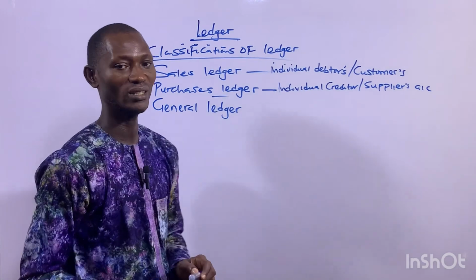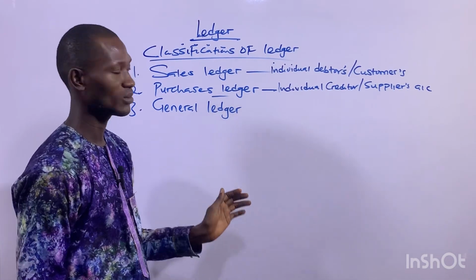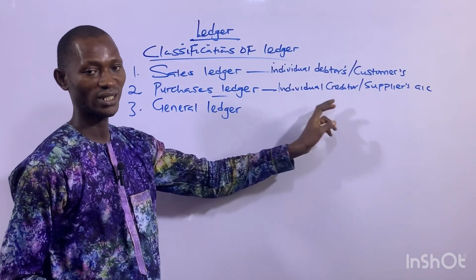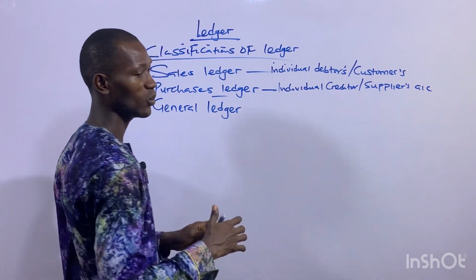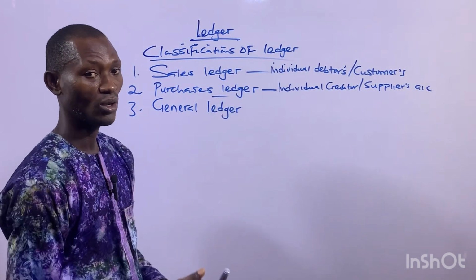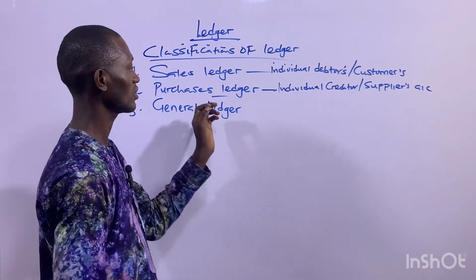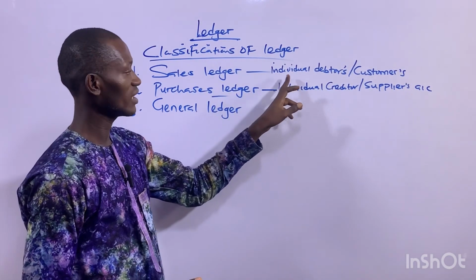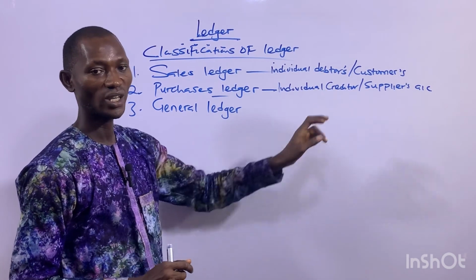General ledger contains all other accounts, all other details, apart from individual debtors or individual creditors accounts. So in this general ledger, from the word general, it can be used to record all other details or information or transactions aside from the details that relates to individual debtors or that relates to individual creditors.